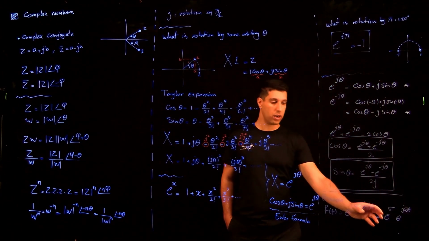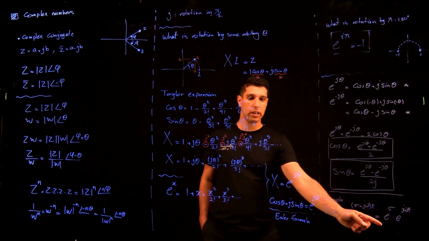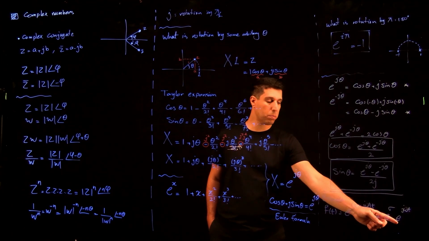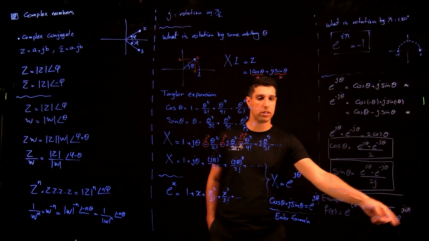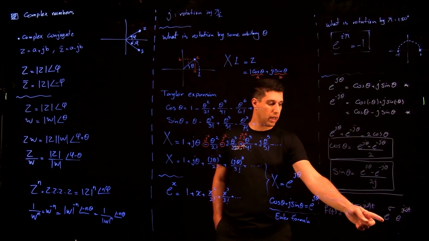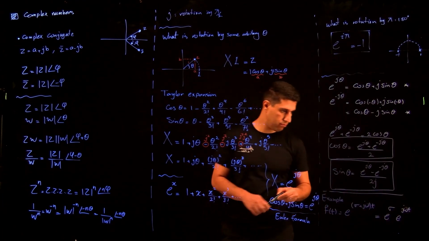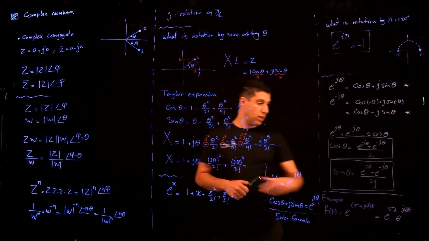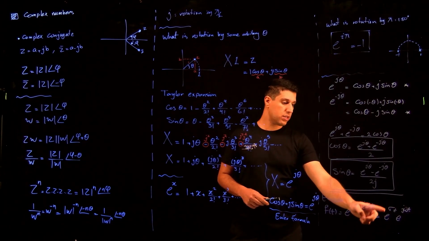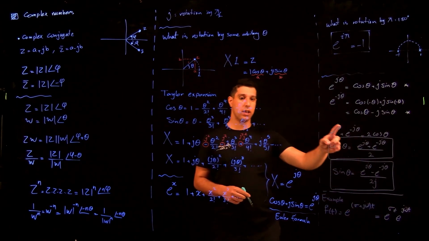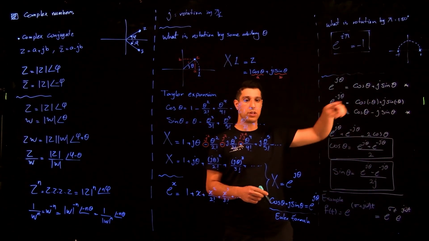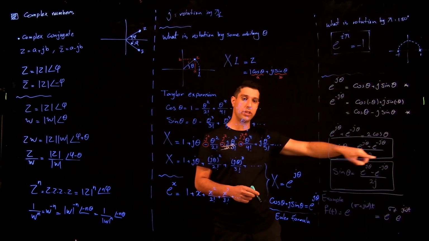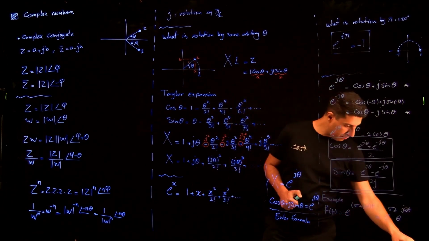Going back to here, I have some e to the sigma multiplied by that e to the j omega. This is a rotation part. And this e to the sigma t is an exponential function, either exponentially increasing or exponentially decreasing, coming to 0 as time goes on.